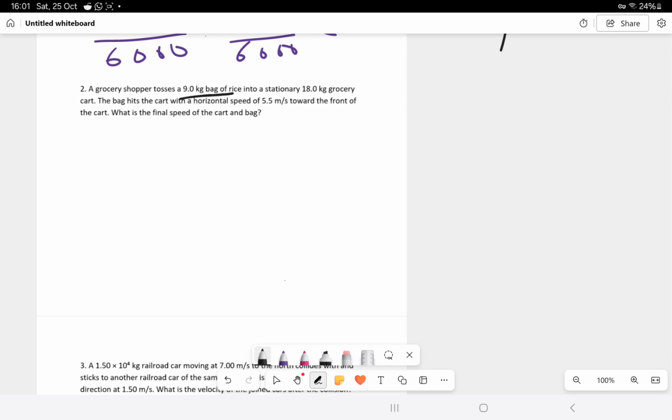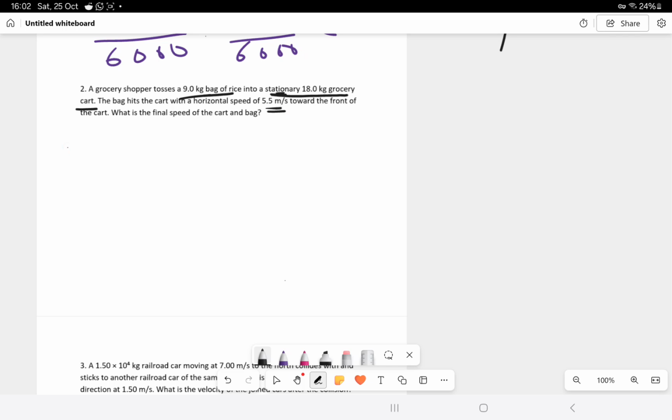The cart in this case is M2, and V2 is at rest because it is stationary. Therefore, the bag hits the cart with a horizontal speed, so this is V1.